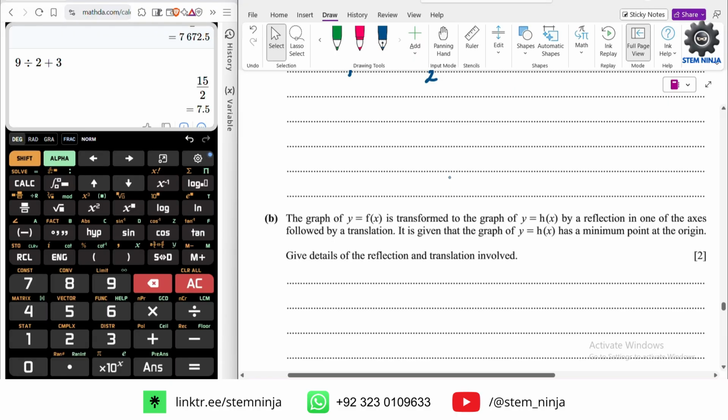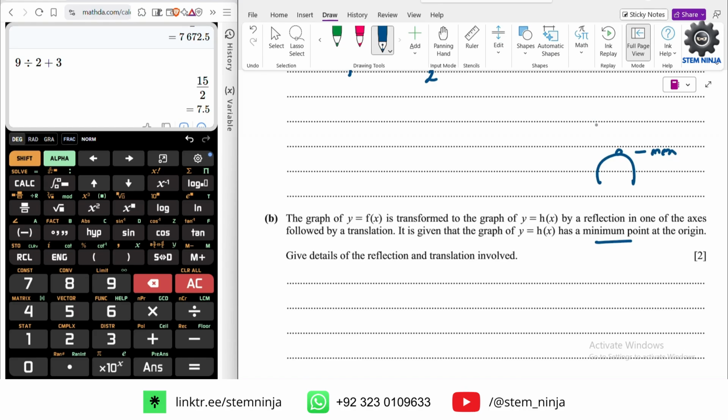The graph of y equals f of x is transformed onto the graph of y equals h of x by a reflection in one of the axes followed by a translation. It is given that the graph of y equals h of x has a minimum point at the origin. Originally we have a max point.